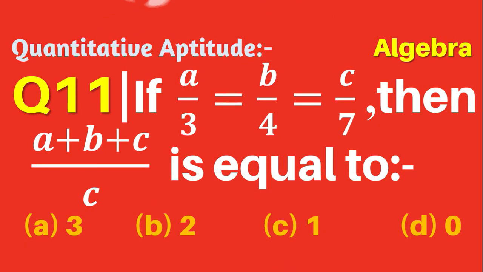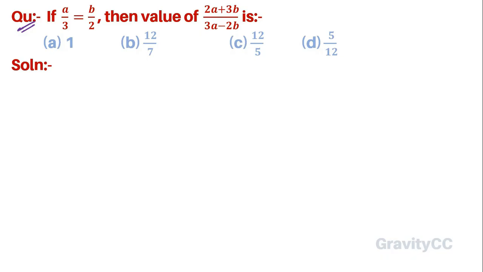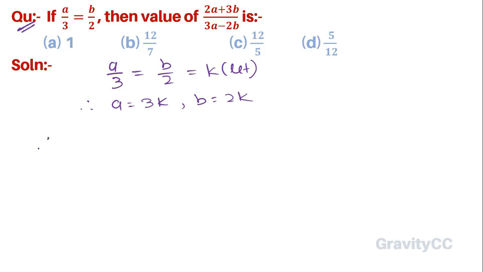Question: if A upon 3 equal to B upon 2, then value of 2A plus 3B upon 3A minus 2B is. So here given that A upon 3 equal to B upon 2. So let K. So therefore A equal to 3K and B equal to 2K.